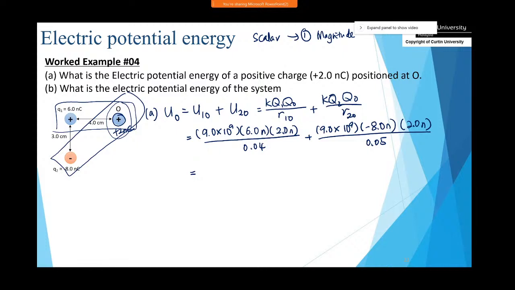So you get a value of negative 1.8 times 10 to the power of negative 7 joule.